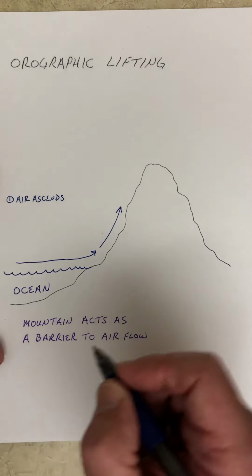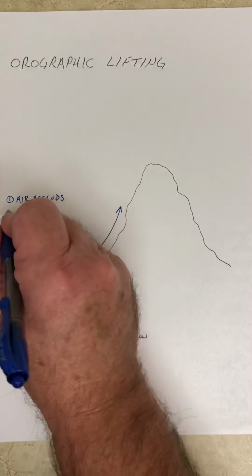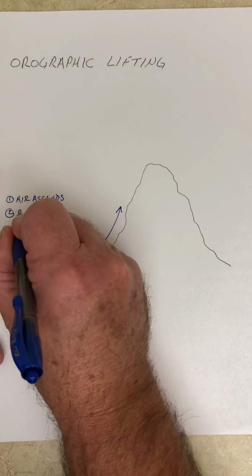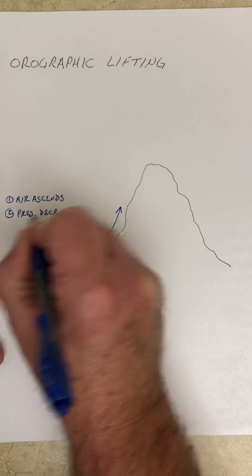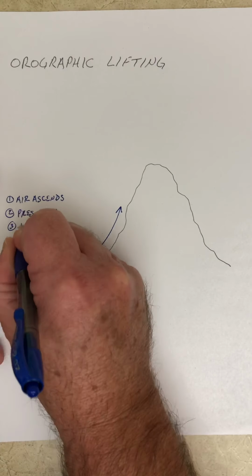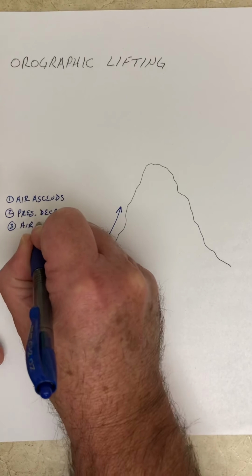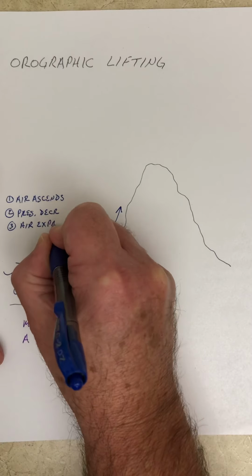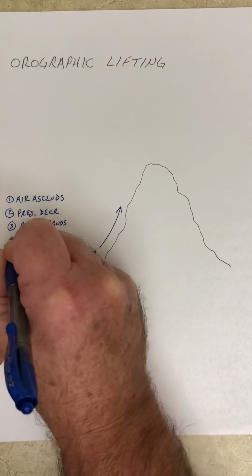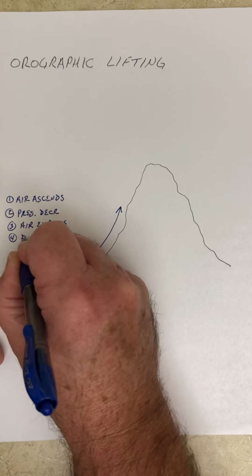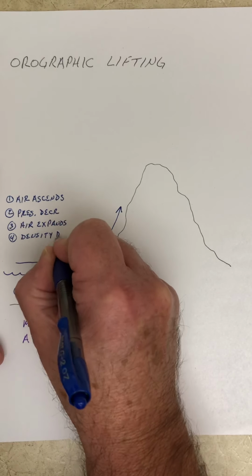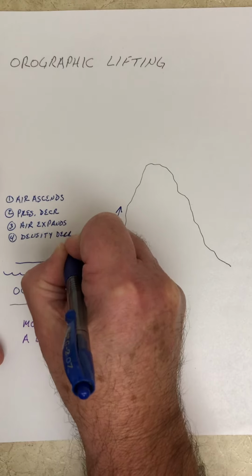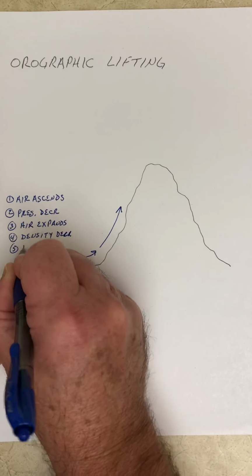Okay, so when it does rise, the air ascends, the pressure decreases. When the pressure decreases, the air expands. When the air expands, the density decreases. When the density decreases, the temperature decreases.